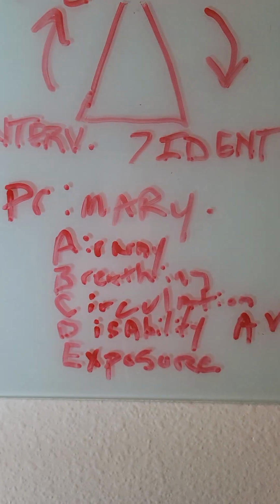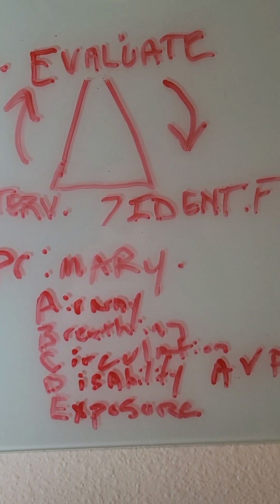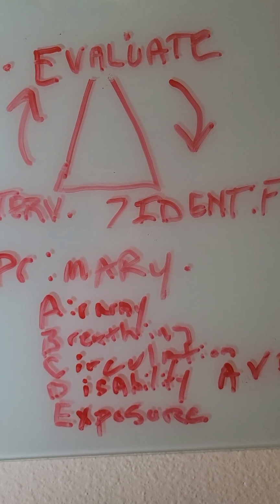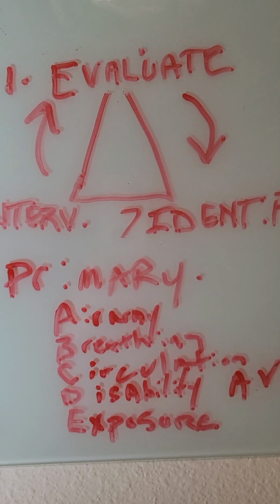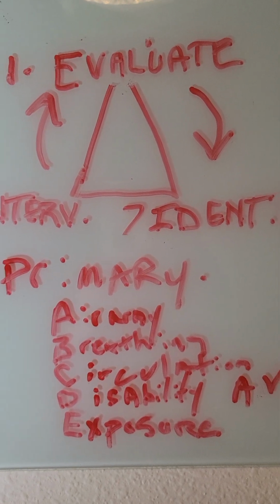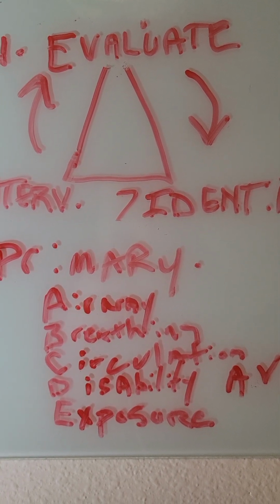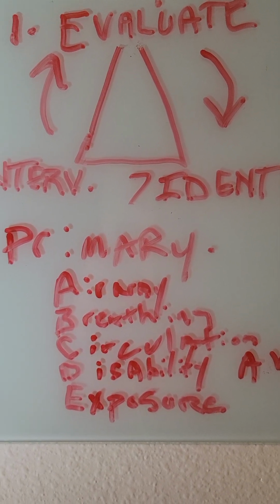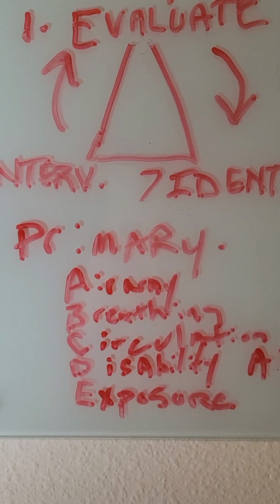When we're looking at exposure, we're looking at the pulse ox check, labs, specifically looking at, God forbid that an ABG is warranted for poor baby, but if it was, we're looking at hemoglobin, CO2, pH.